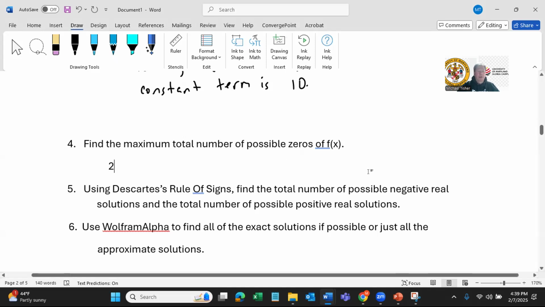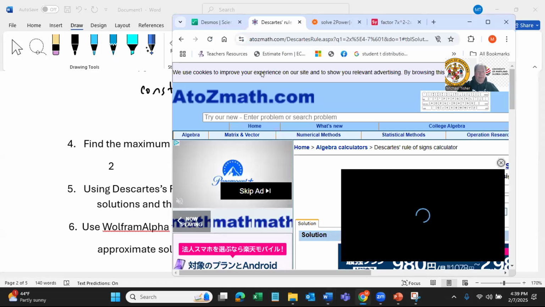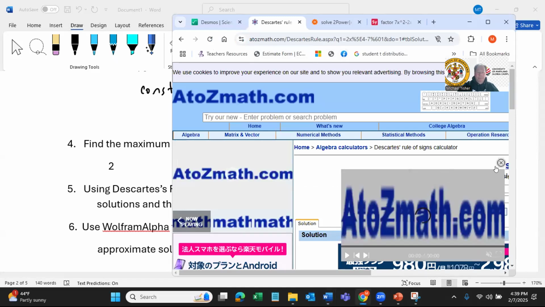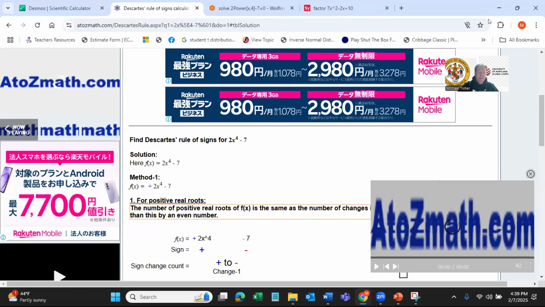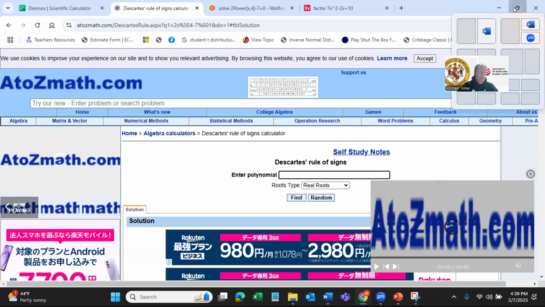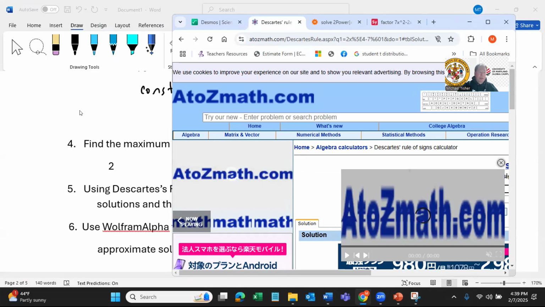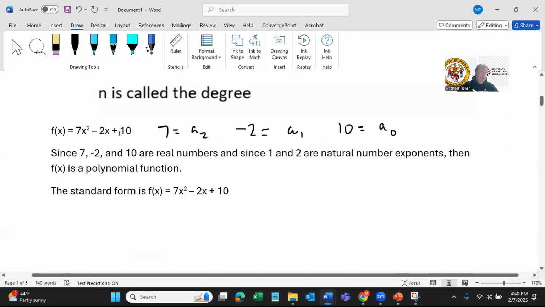Using Descartes' rule of signs, let's use that rule to do that. Now there's a nice calculator for that, and here it is at a2zmath.com. Let's put it in. We can put in the original one, as it doesn't have to be in standard form.